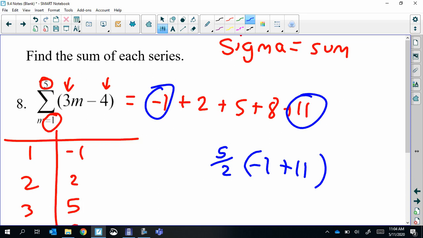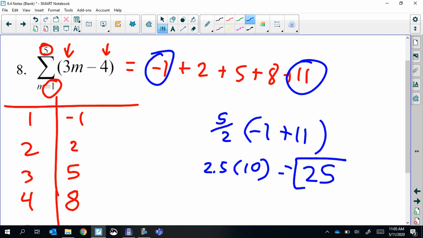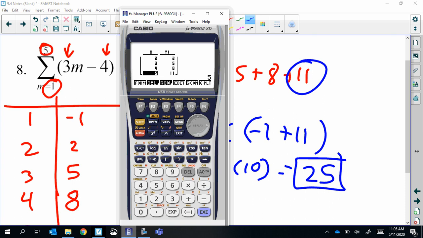So we can use that formula that we just had. So this is 2.5 times 10, or 5 divided by 2 times 10. No matter how you do that, you will get an answer of 25. You add up all those numbers. So that's pretty easy, but if you have a calculator anyway, your calculator can do the entire thing.